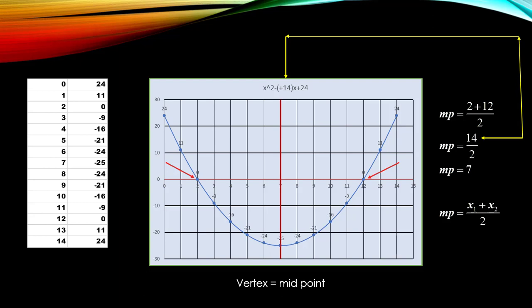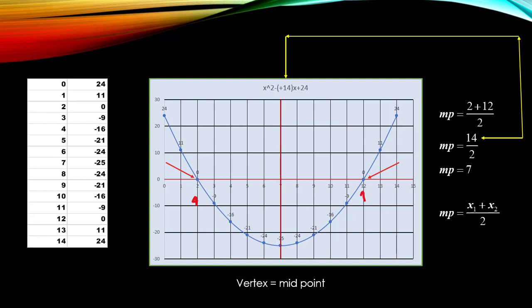So we notice that the line of symmetry is halfway between this point and this point. Whenever you have 2 points on a line, vertical or horizontal, it's easy to determine the midpoint.